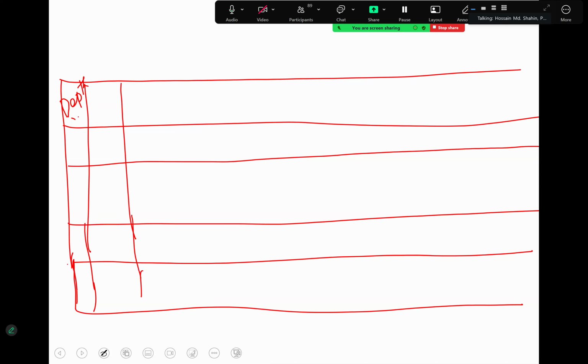So depth in meters. In the soil test report, it was in feet. So please convert it into meters by considering 5 feet equal to 1.5 meters.